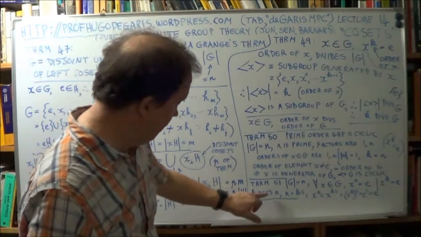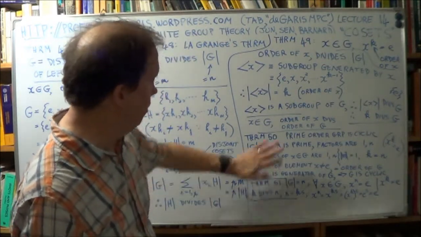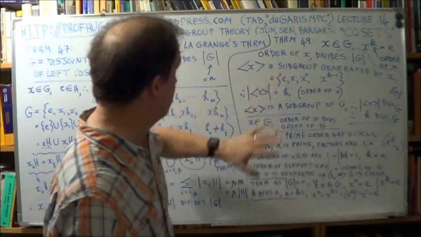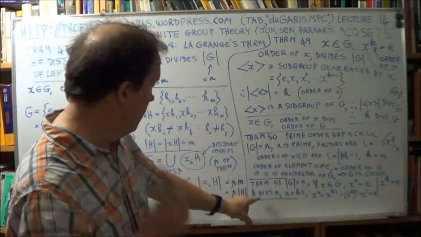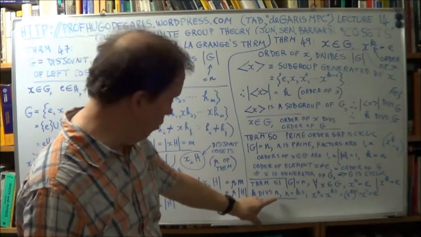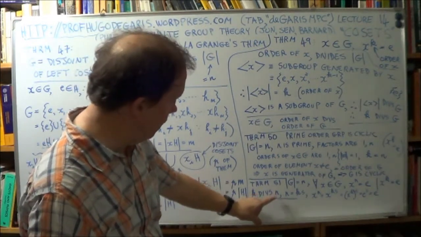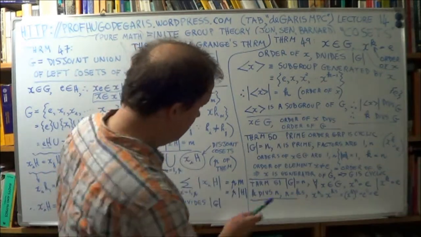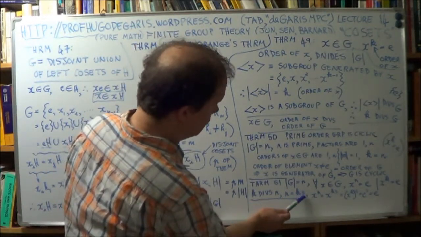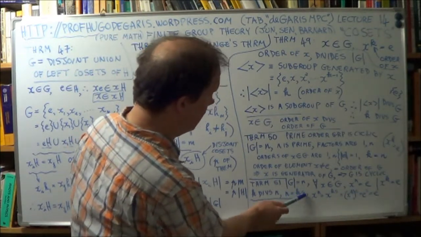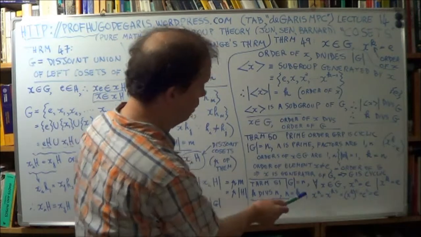Now, k dividing n, we know from theorem 49: the order of the element divides the order of the group. So k divides n, which means you can write n in this form, with some integer as the other factor. So n is of the form ks, where these are two integers.